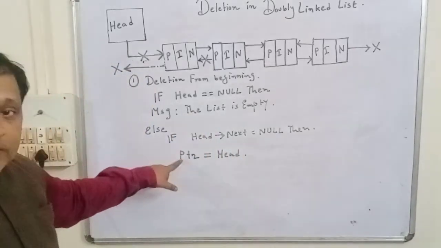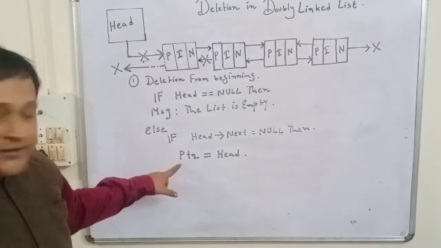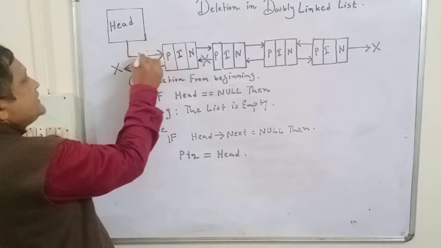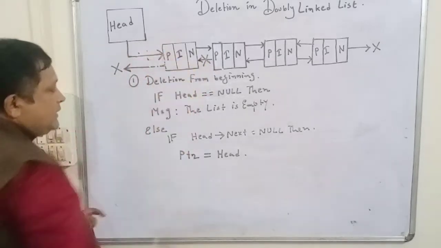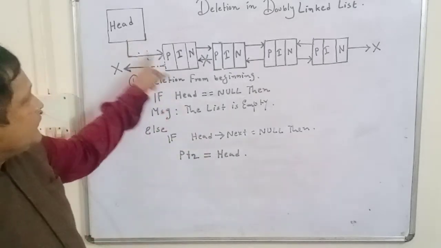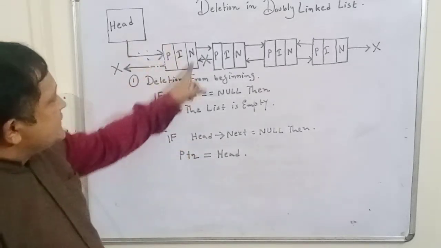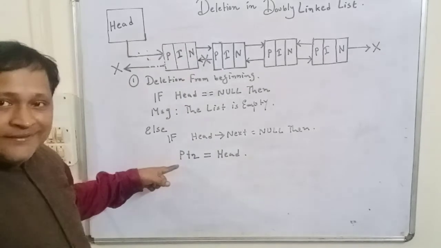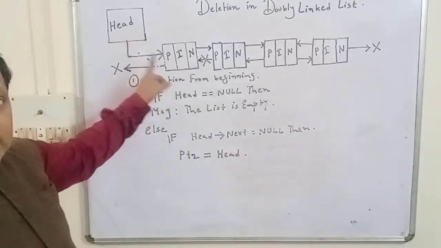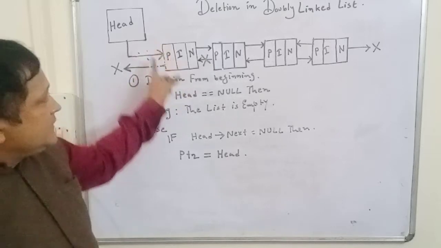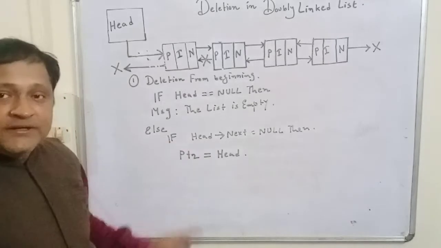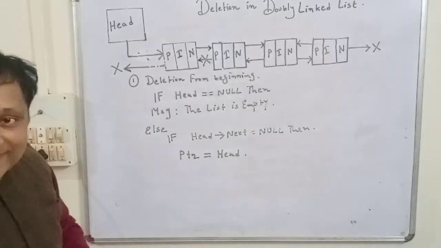So after this initialization of the PTR pointer, since head is pointing to this particular node, PTR will point to that node too. PTR is containing the address of this node after this command. The address of this node will be held by the PTR, just like head.